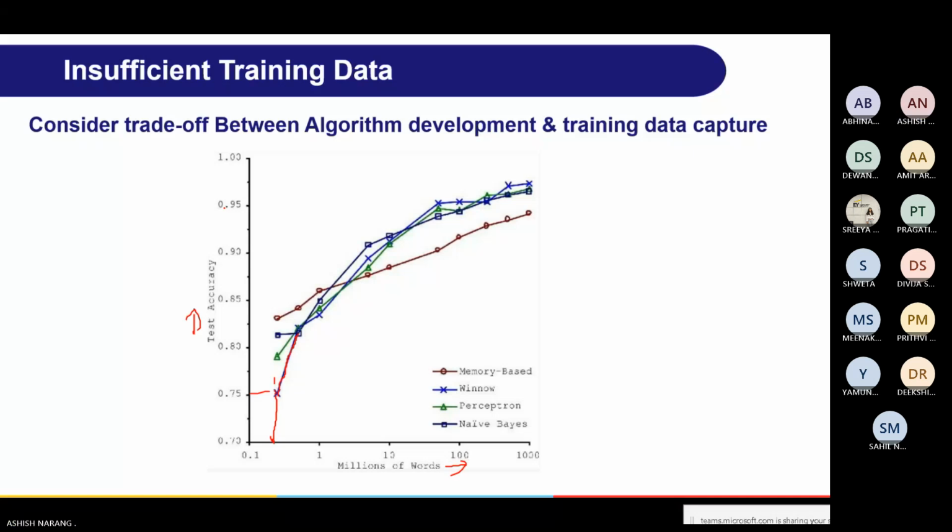So what is the accuracy that we are targeting? Based on that, we have to set how much data I should have in order to solve the problem effectively. So this is one trade-off. If you do not have sufficient data, you cannot expect reasonable accuracy from a machine learning model.